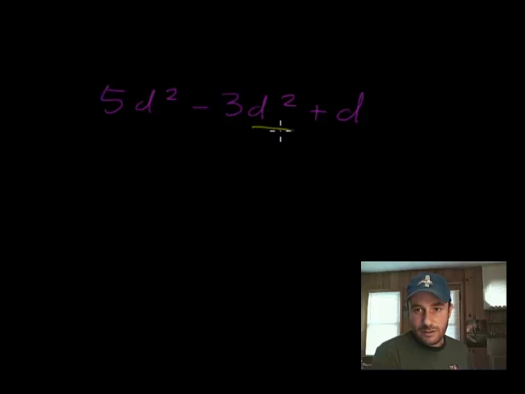There's a d squared there and a d squared there, so those are the only ones with like terms. This d you can ignore because it's just by itself. So if we take the 5d squared and negative 3d squared, we have 2d squared plus d, because that doesn't have anything else to match up with. So that's our answer for that one.